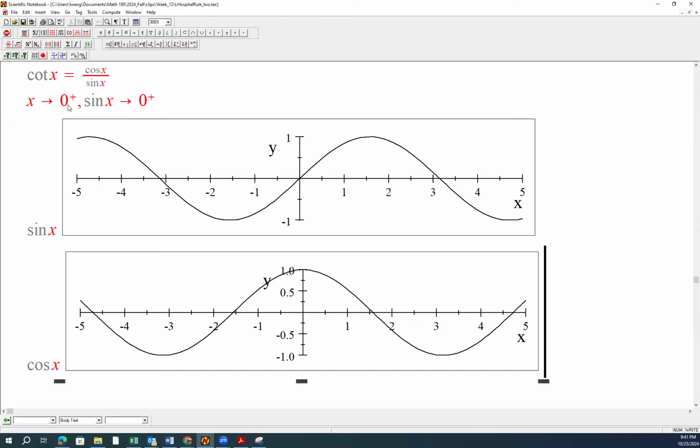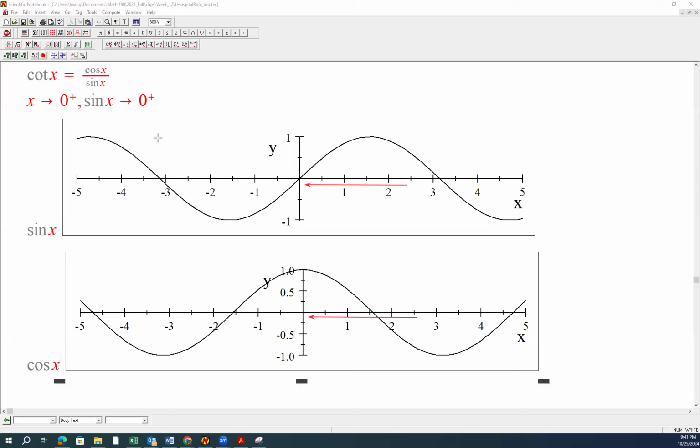For sine x, when x is approaching 0 from larger than 0, what does that mean? Cotangent equals cosine divided by sine. So the denominator is approaching 0 from larger than 0, and the numerator is approaching positive 1.